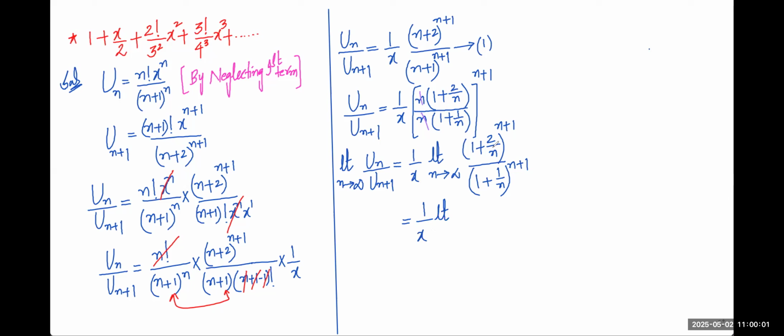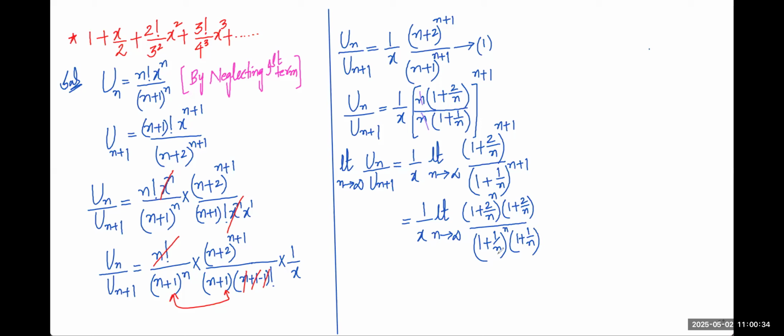But this time we don't have the formula directly. If the power is n, then we have the formula. So what will we do? We will split it directly. 1 plus 2 by n raised to the power of n is one term, and 1 plus 2 by n raised to the power of 1, no need to write. Then 1 plus 1 by n whole to the power of n into 1 plus 1 by n whole to the power of 1.